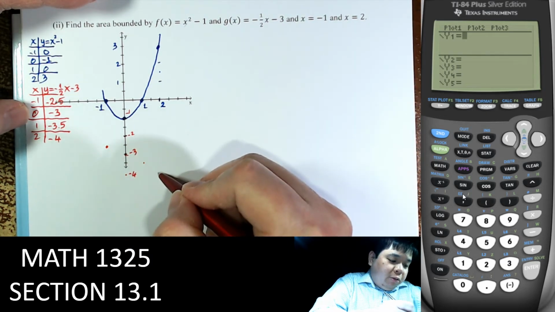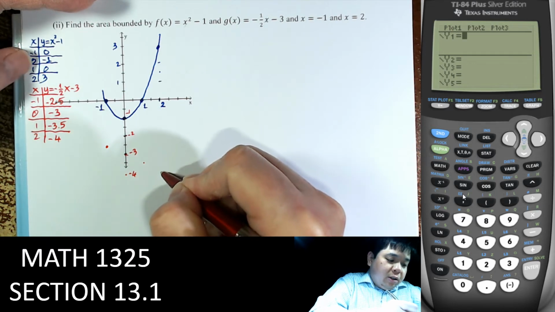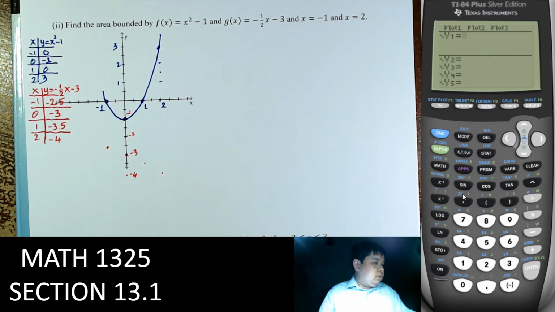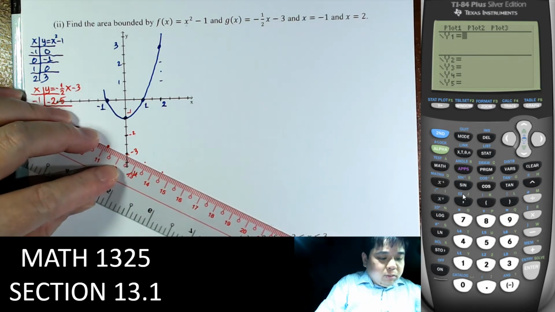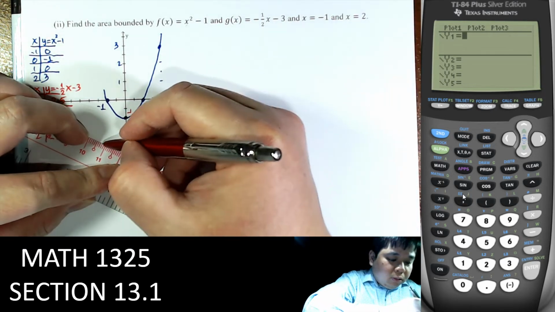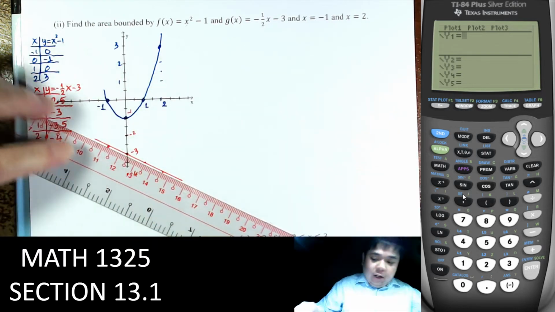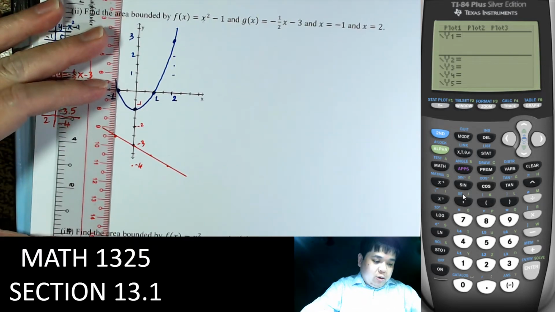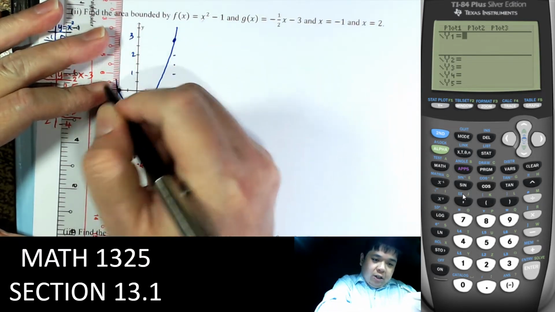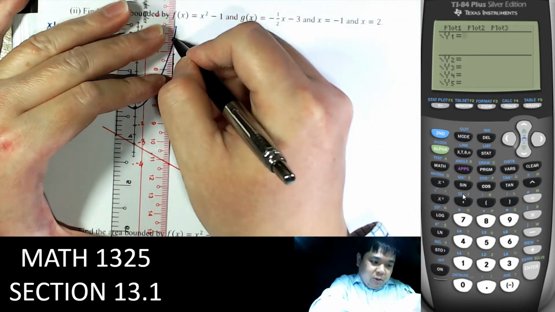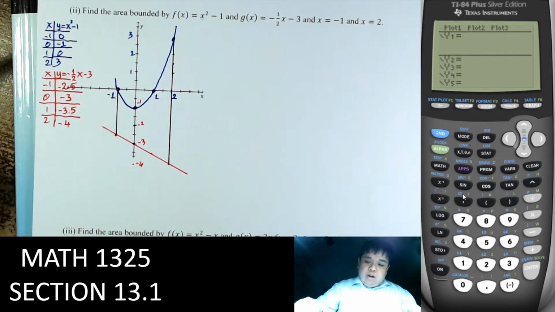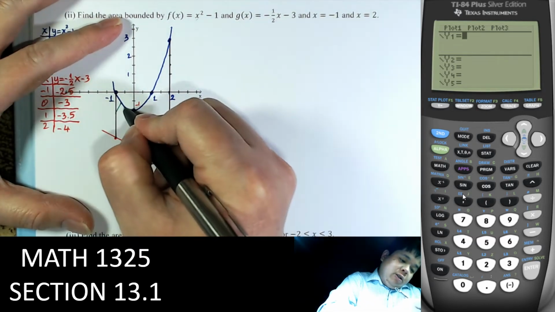And at 2 is -4. And we want the area from -1 to 2. So we'll go from -1 to 2. So we're talking about this area.